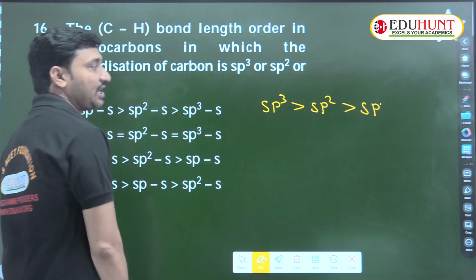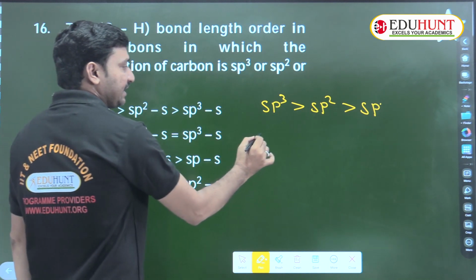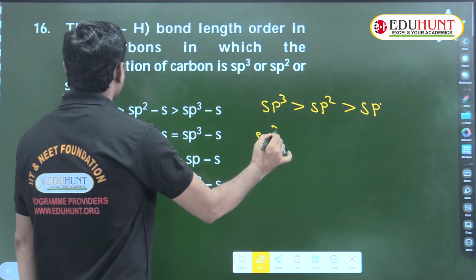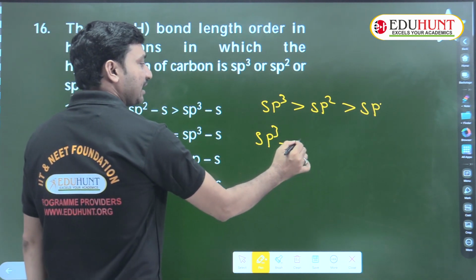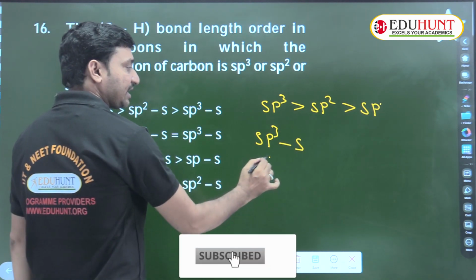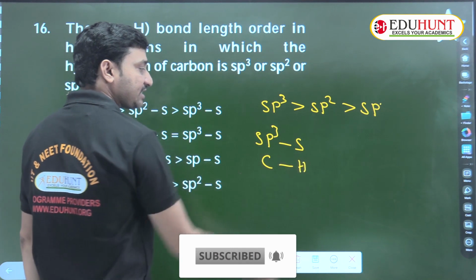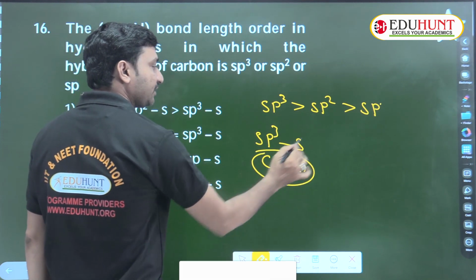That's why sp3 carbon and hydrogen s orbital has more bond length.